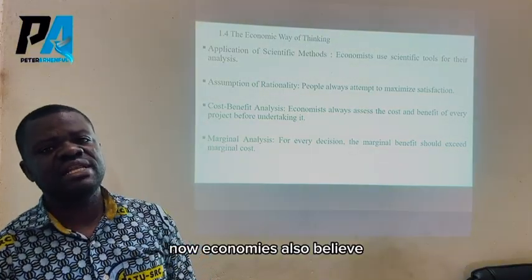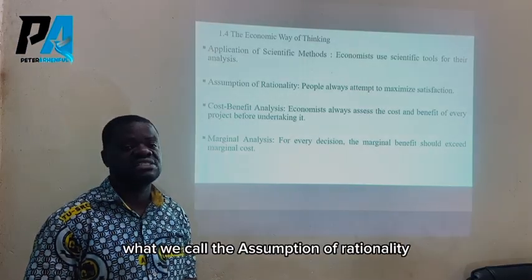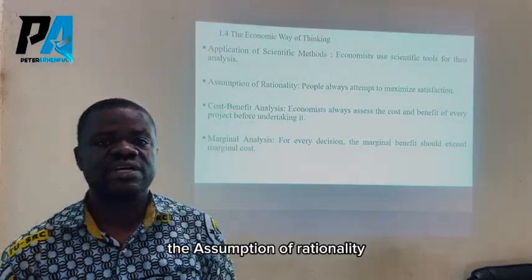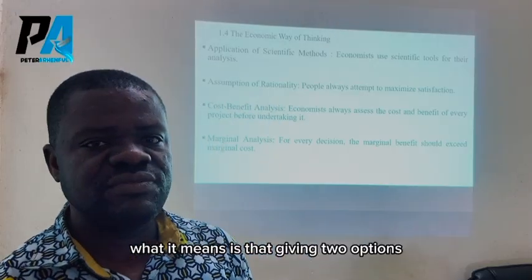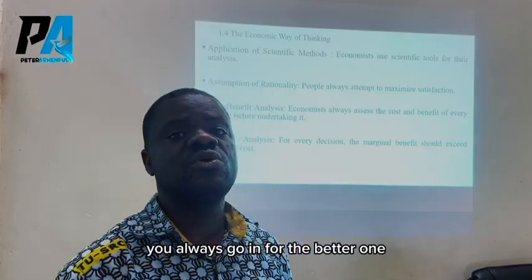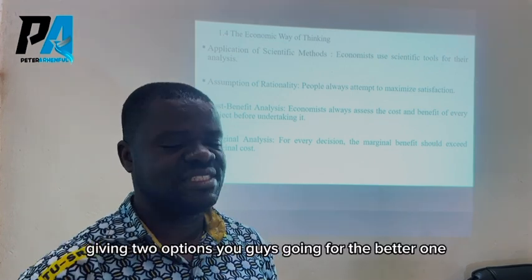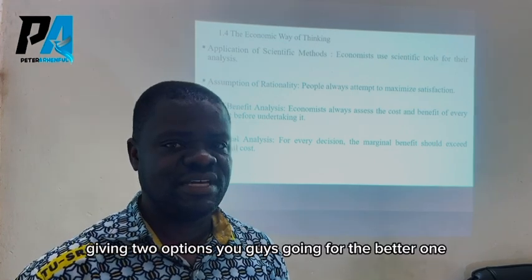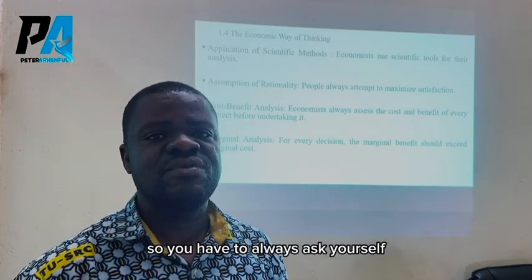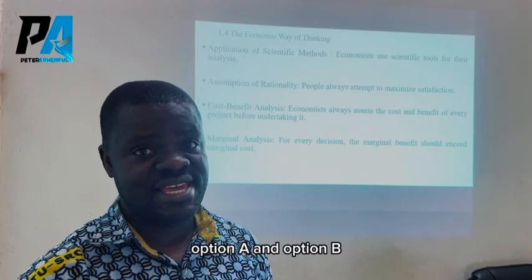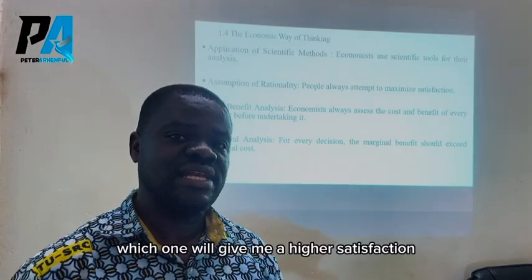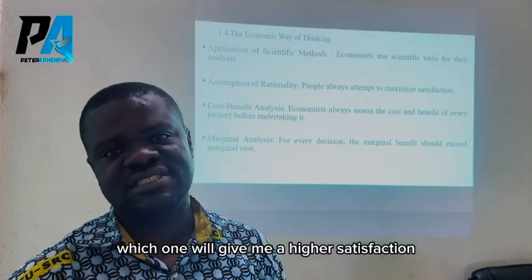Now, economists also believe in what we call the assumption of rationality. If you are rational, what it means is that given two options, you always go in for the better one. So you have to always ask yourself, option A and option B, which one will give me a higher satisfaction?